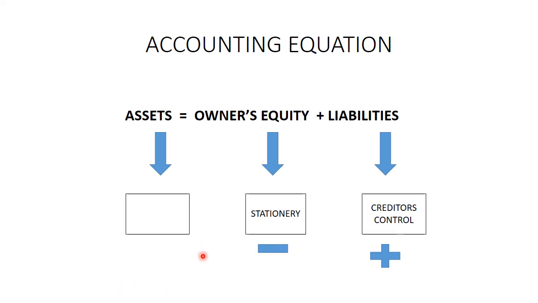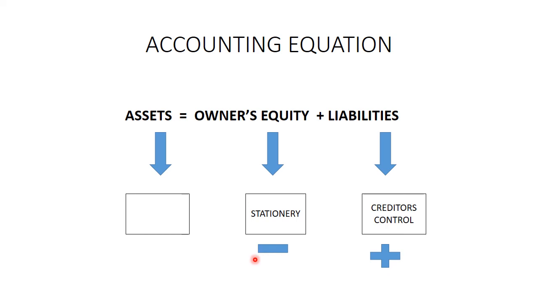But remember, with owner's equity, we are not only looking at how the account is affected, whether it is increasing or decreasing. If stationery is an expense, it means it will increase on the debit side. But stationery is an expense. The more expenses you incur, the less profit you are going to make. That is why we have a negative sign or a minus there, because we bought stationery on credit and this stationery is treated as an expense.